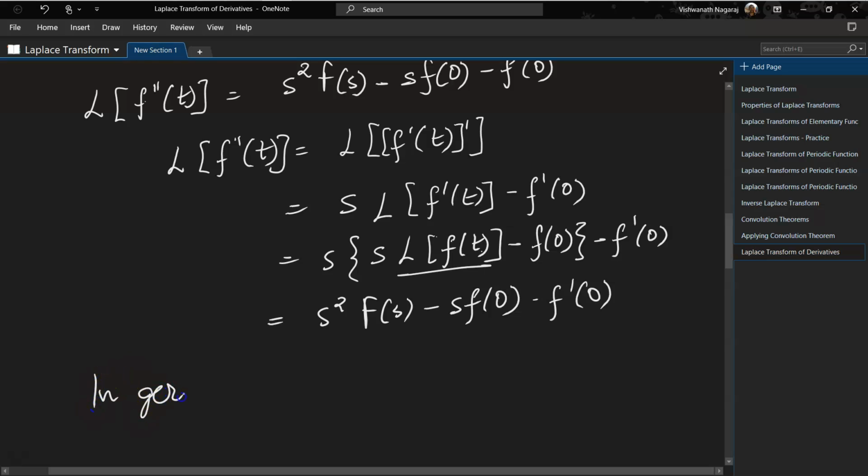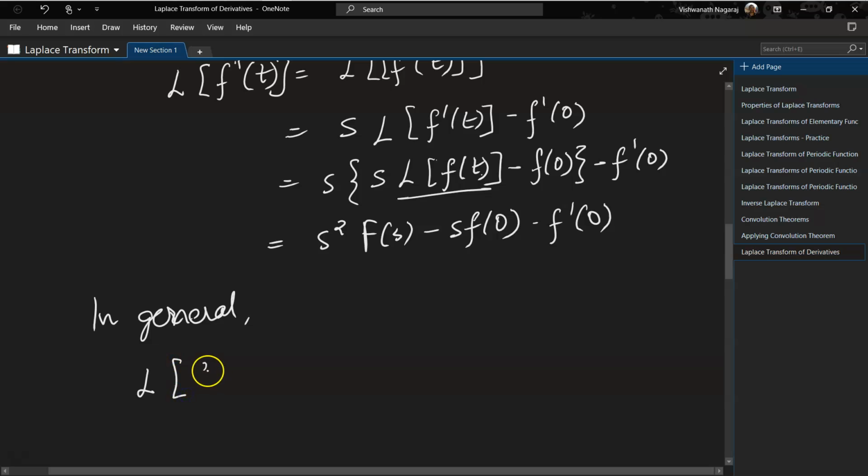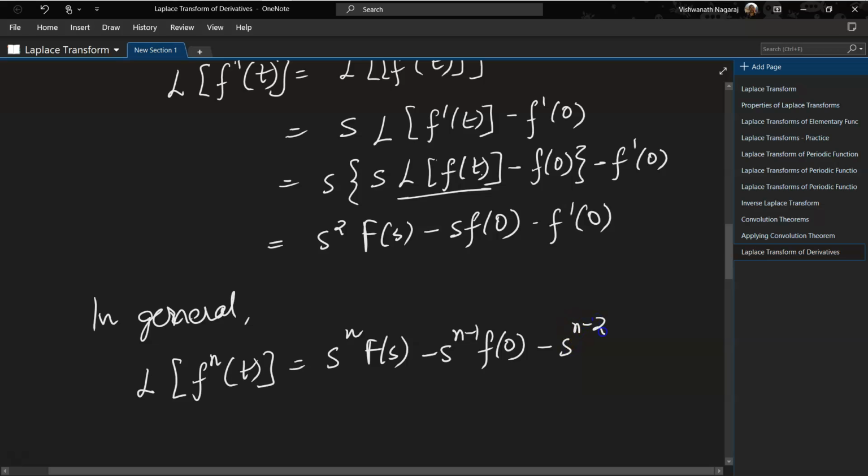So, in general, we would be able to say that Laplace of the nth derivative of f of t is equal to s to the power of n F of s minus s to the power of n minus 1 f of 0 minus s to the power of n minus 2 f prime of 0 minus s to the power of n minus 3 f double prime of 0 and so on till we reach f to the power of n minus 1 of 0, where s becomes s to the power of 0.